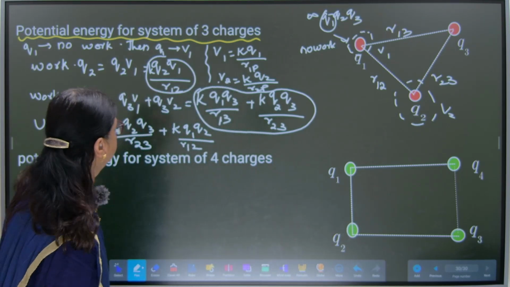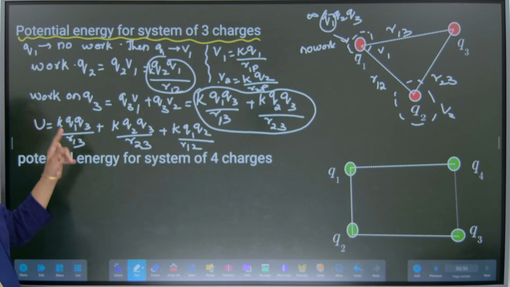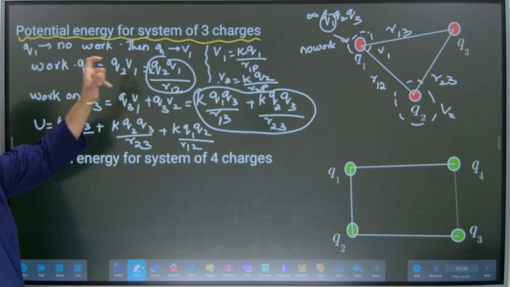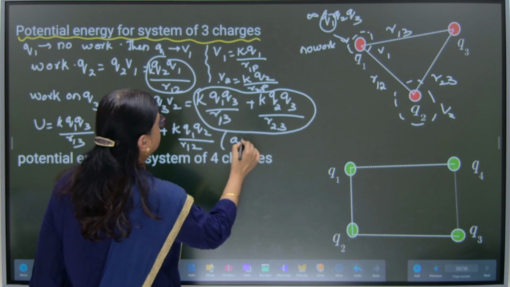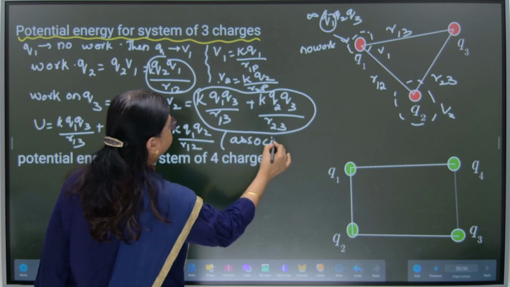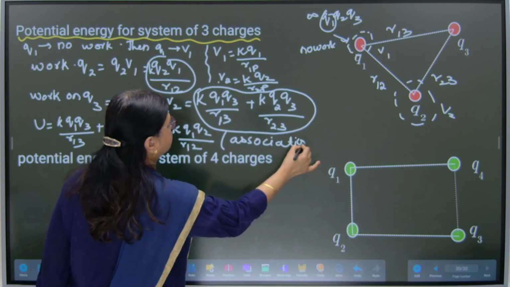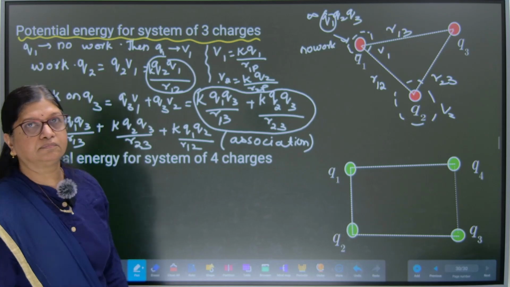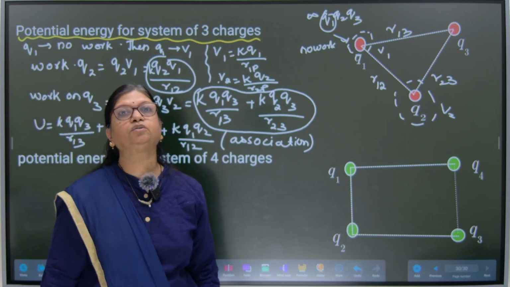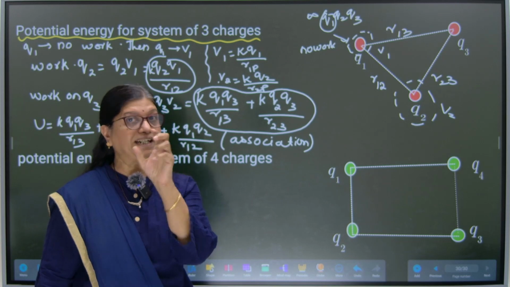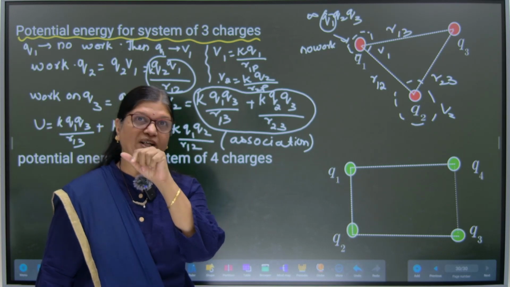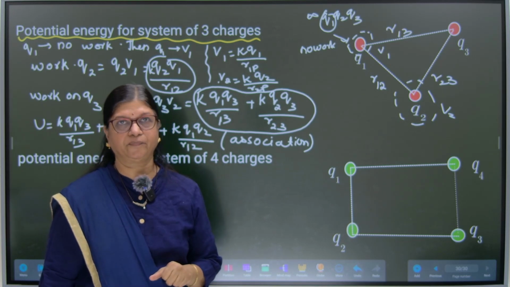So U is the potential energy for the association of a system of three charges. That is a question asked. One more tricky question is asked.